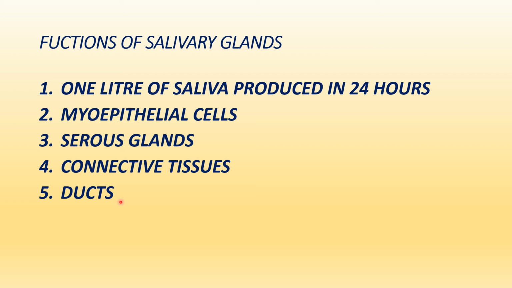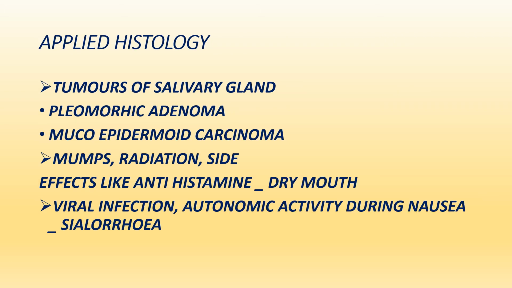So next, coming to the applied histology. First you are going to see about the tumors of the salivary glands. So tumors of the salivary gland are divided into two. The first one is a pleomorphic adenoma.